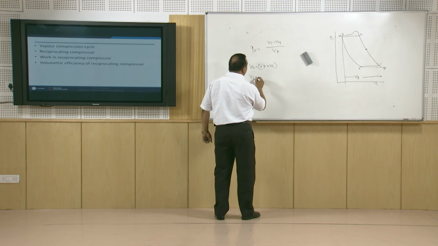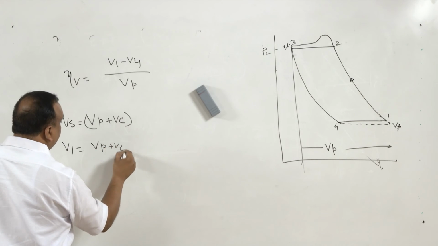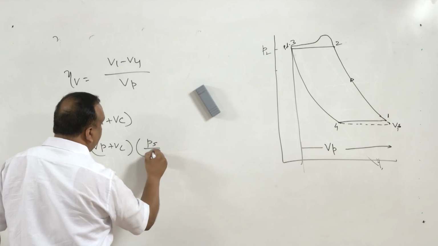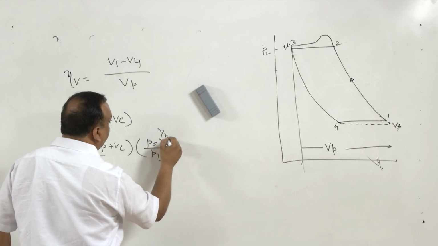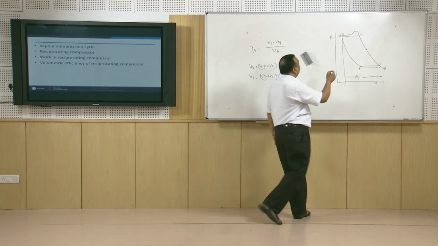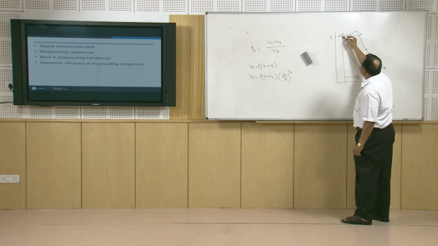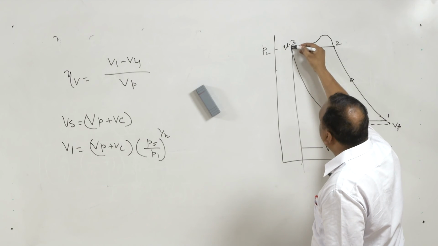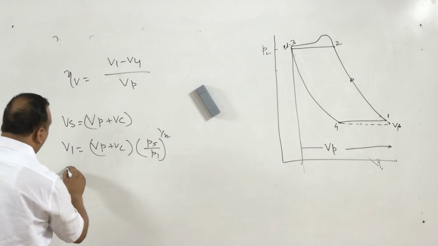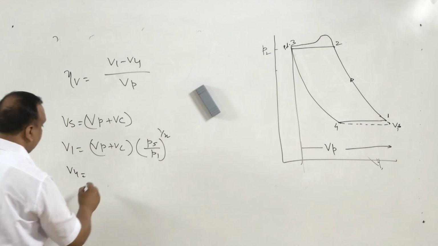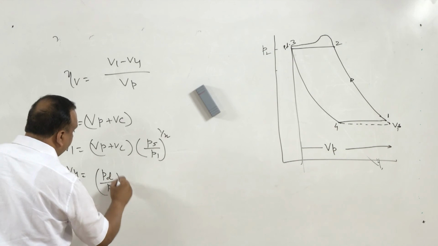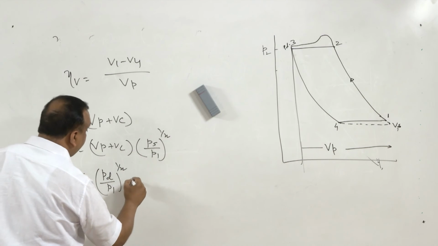So V1 is equal to Vp plus Vc multiplied by Ps by P1 raised to power 1 by n. Similarly, for the expansion process, because expansion does not start from 3 but it starts a little higher than 3, V4 is PD by P1 raised to power 1 by n multiplied by Vc.